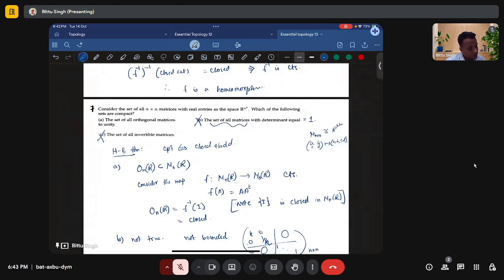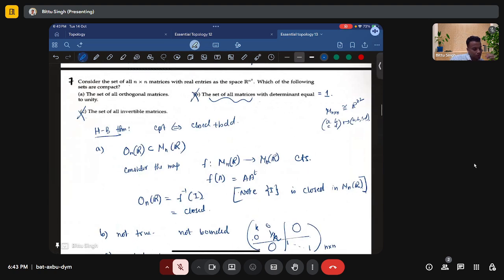What about A? We need to see that the space of all orthogonal matrices is bounded, that is, the distance between any two orthogonal matrices is bounded.